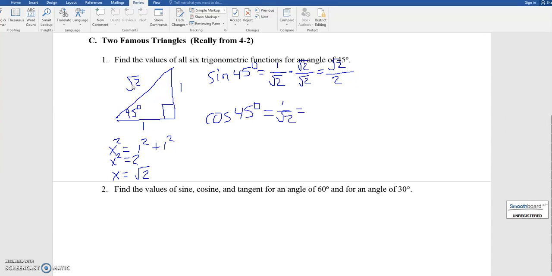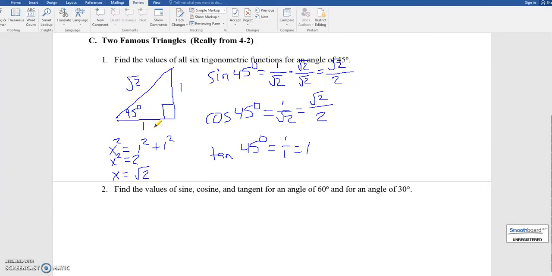So again, I'm okay if you use that fraction for the most part, but you want to realize that's the same thing as square root of 2 over the number 2. Tangent of 45 degrees. From here, that's opposite over adjacent, so 1 over 1, which is just 1. So far, not so bad.